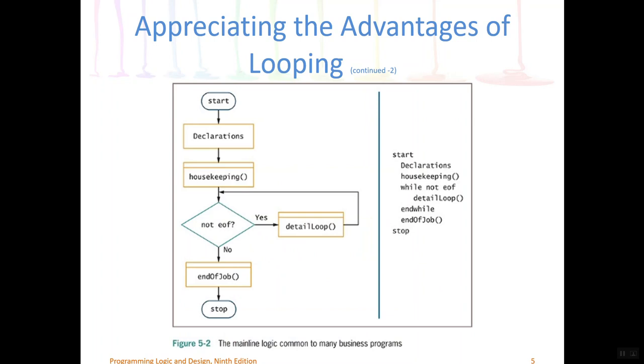So it's just showing us at a very high level view that it is not uncommon for a program to get started by declaring variables and then do some actions in housekeeping that set us up for the beginning of our program. An example in a realistic program might be opening a connection to a database.